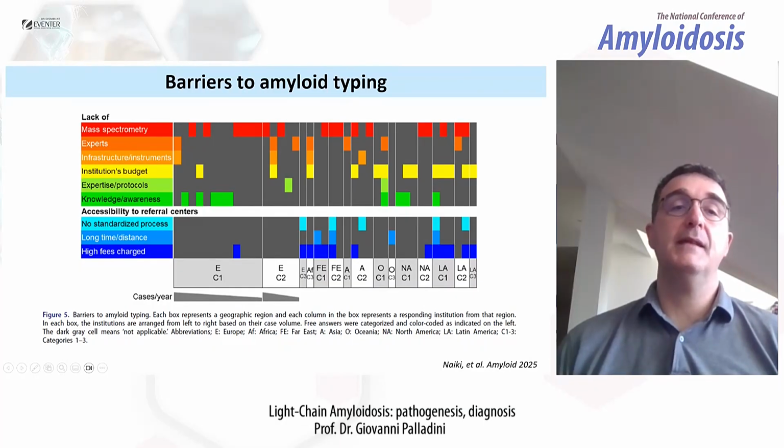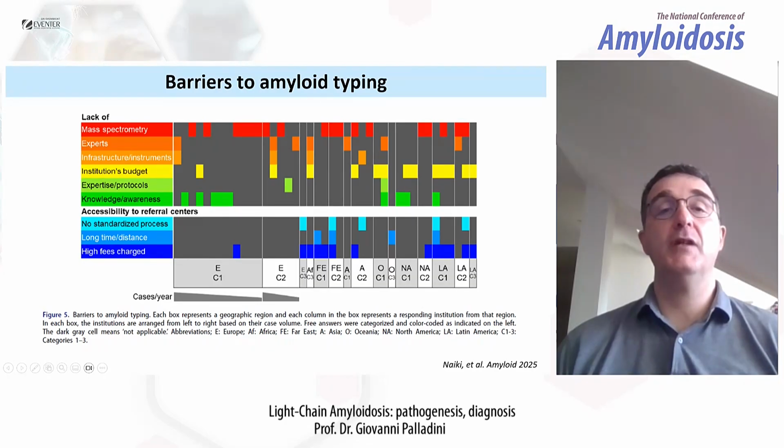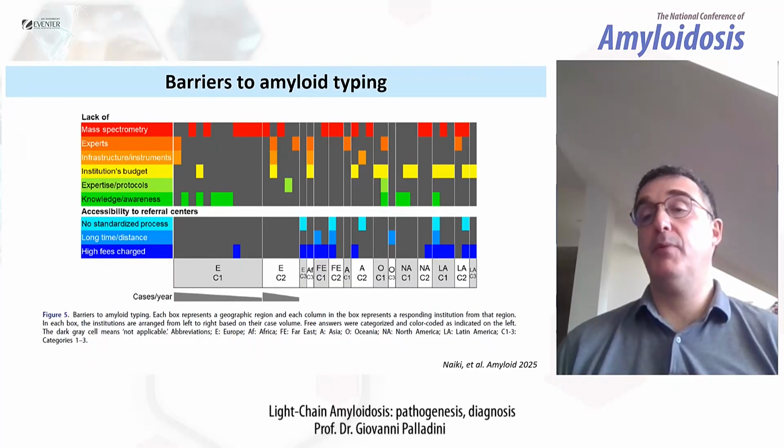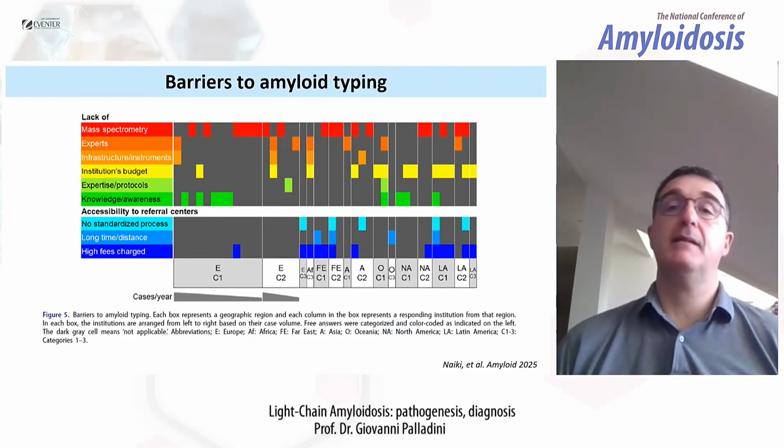And as you can see, the problems are lack of access to technology, lack of access to expertise, and also a lack of standardization and the need to send samples outside the centers making diagnosis.